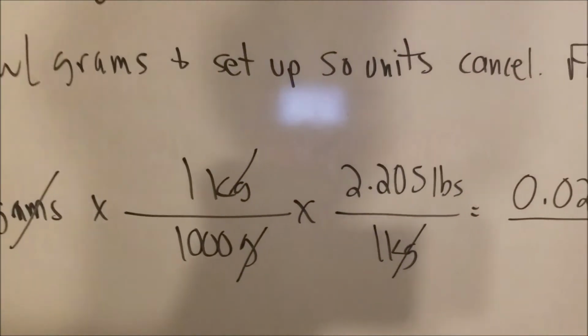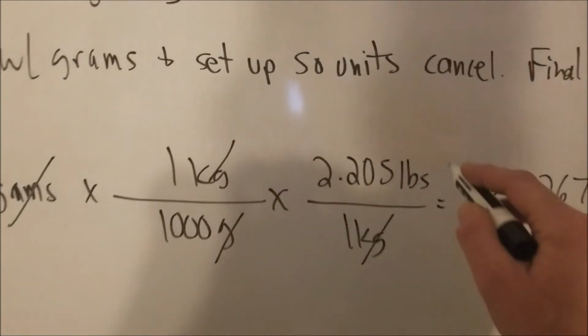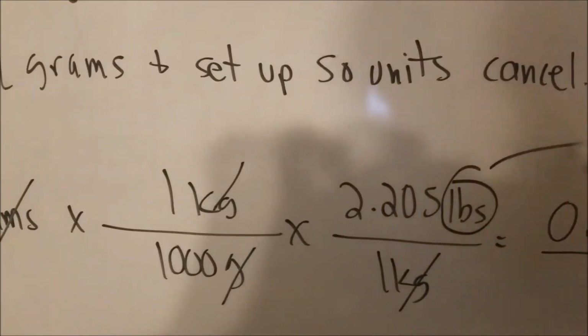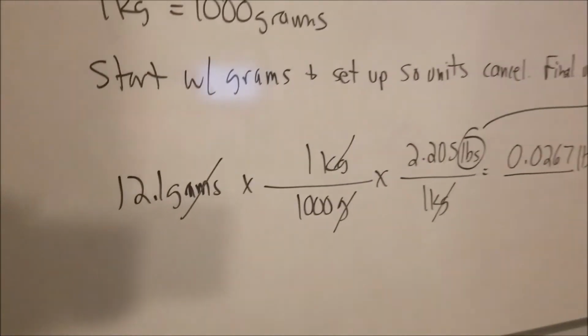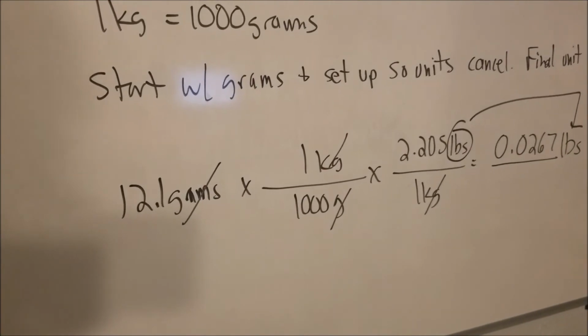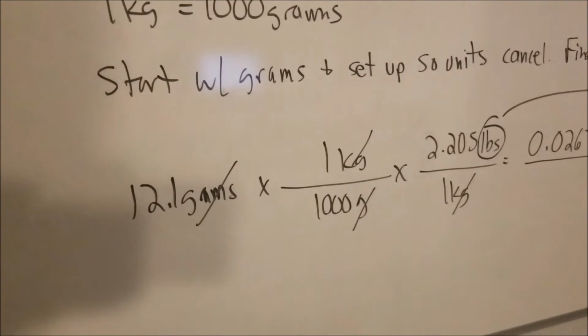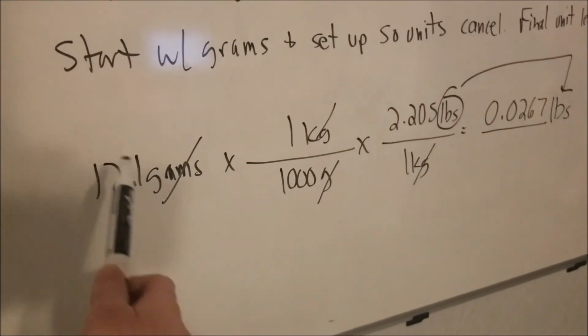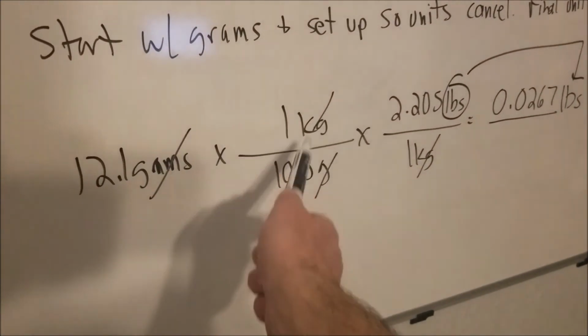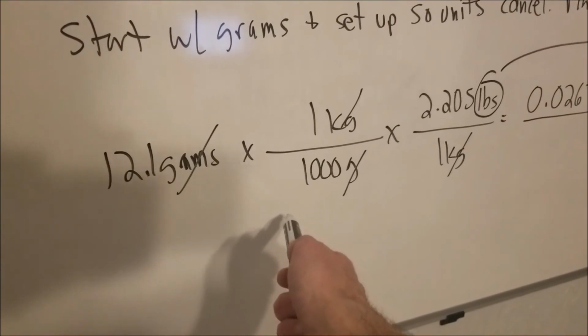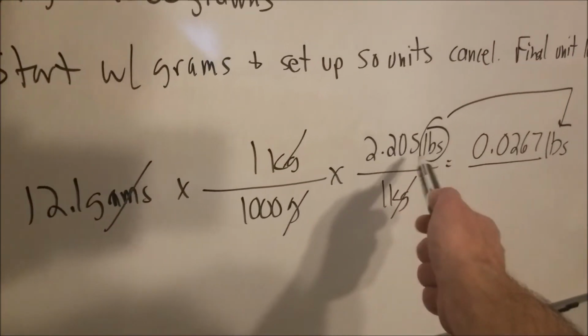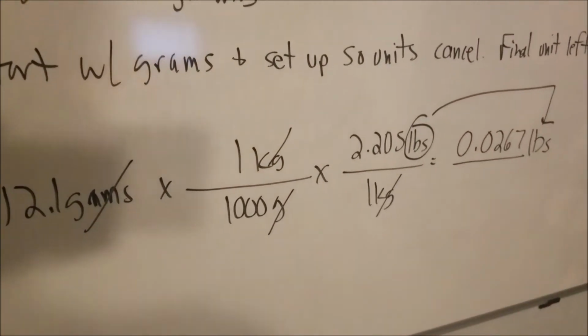Kilograms and kilograms in the numerator and the denominator cancel. And the only unit left over is pounds. The way I would put this into my calculator, you can skip any operation that just has a 1 there. So this would be 12.1 divided by 1,000, hit equals, times 2.205, hit equals, and you should get that answer.